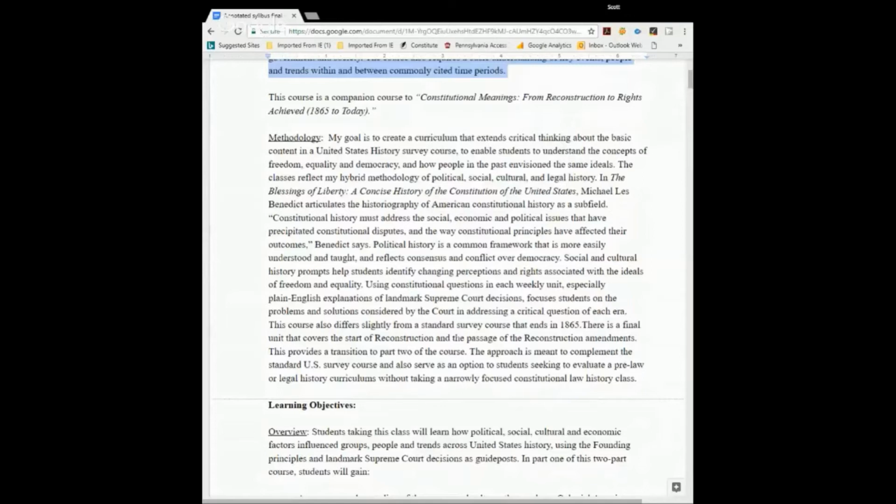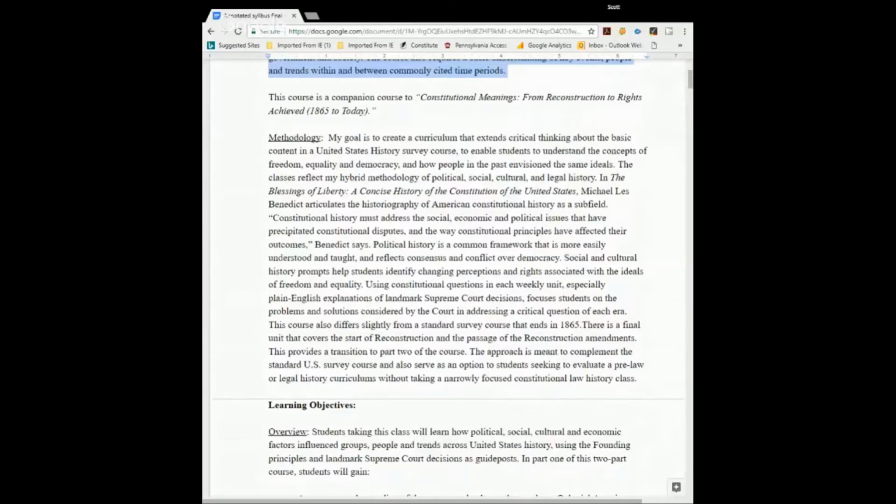What Benedict and other people in this field do is look at a combination of everything in a time period. It's not just the politics and the presidents and Congress. It's social trends, cultural trends, economic trends, different subfields that we've seen in all our readings.